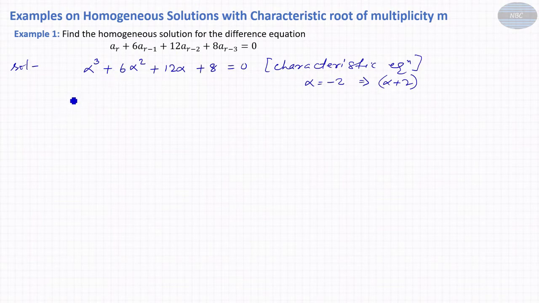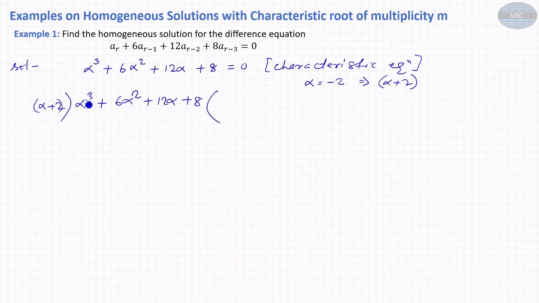So we can write it down like this. Alpha cube plus 6 alpha square plus 12 alpha plus 8, we will divide this by alpha plus 2.